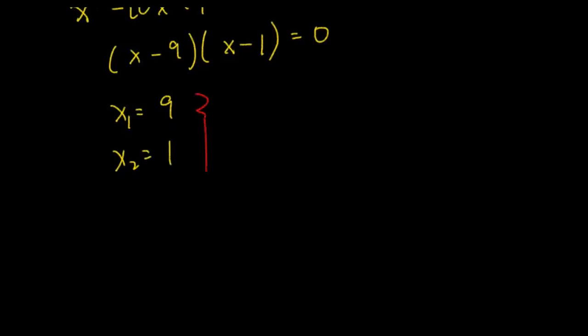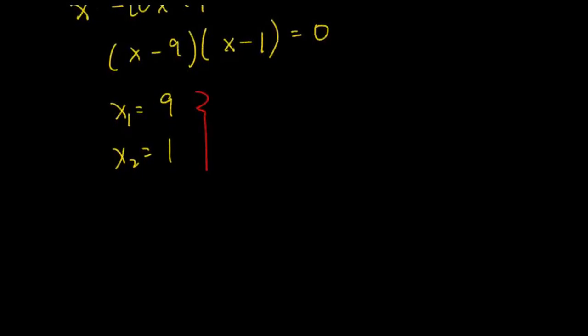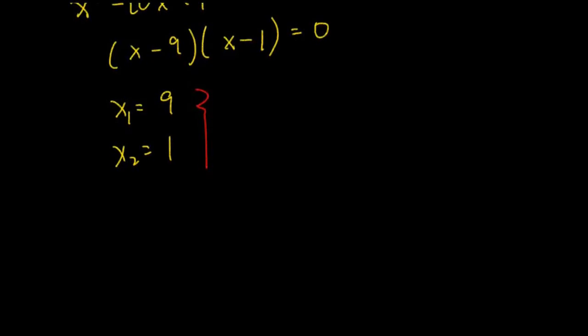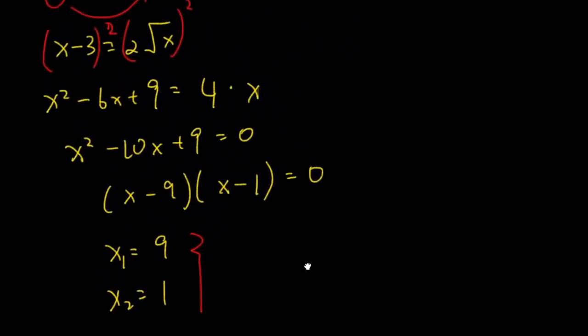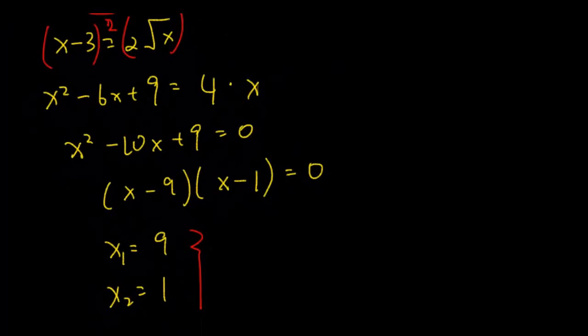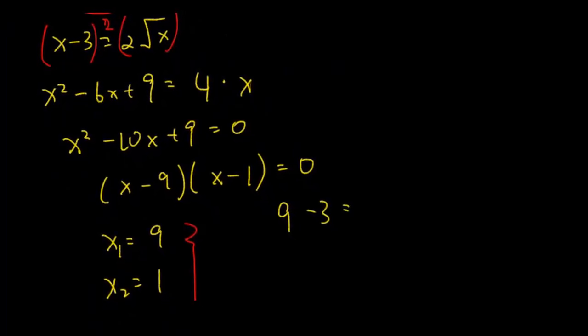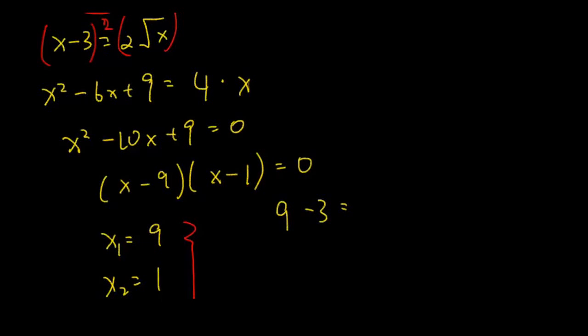Now because this is an irrational function, I will need to check it. So let me check it. What was my original equation? My original is that. So let's try it. 9 minus 3 is equal to 2 square root of 9. And for the other one, 1 minus 3 is equal to 2 square root of 1.